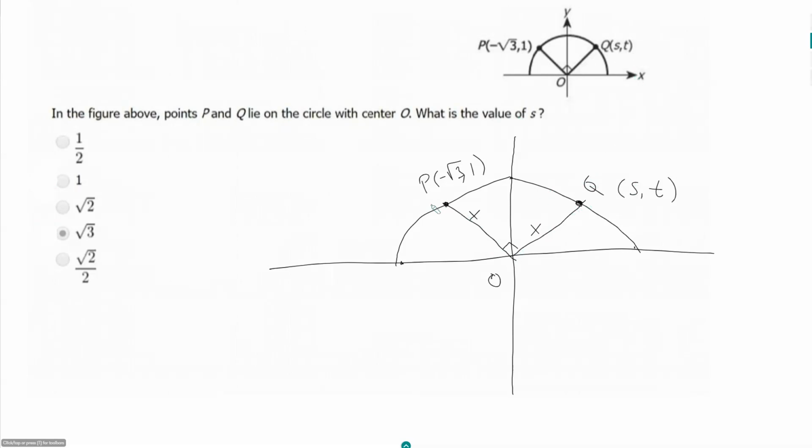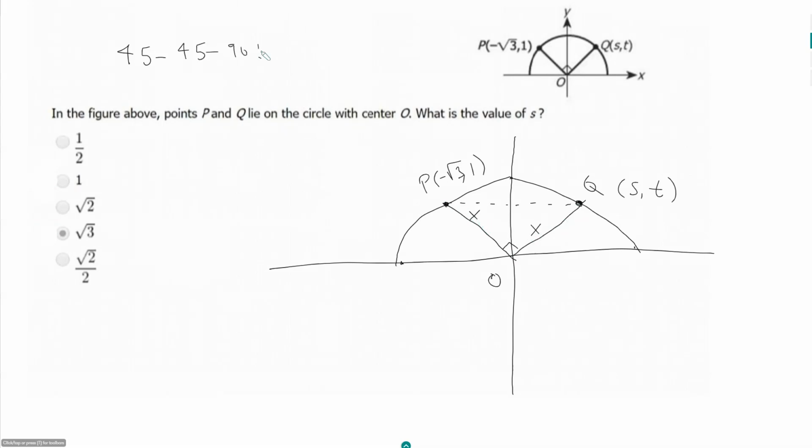So let's start filling in what we know based on this. I got a 90-degree angle here, and I got two radii which are equal to each other. That means if I connect these 2 points, make a triangle out of this, this should be a 45, 45, 90 triangle, because I know it's a right triangle.